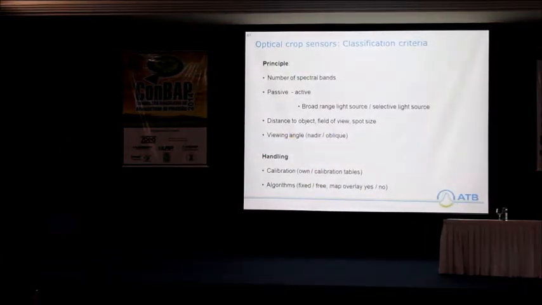You distinguish these sensors by the number of spectral bands, whether they are passive or active, so come with their own light source, or use the sunlight. You can further distinguish if they have a broad range light source or if they have selective light sources. Also important is the distance to the crop, the field of view and the spot size, the viewing angle.